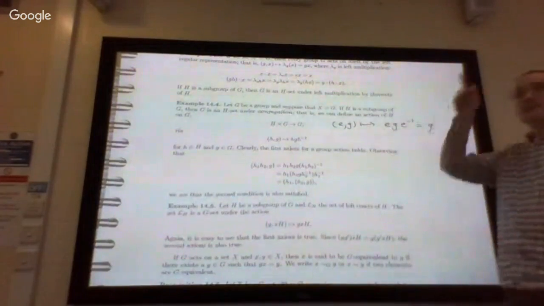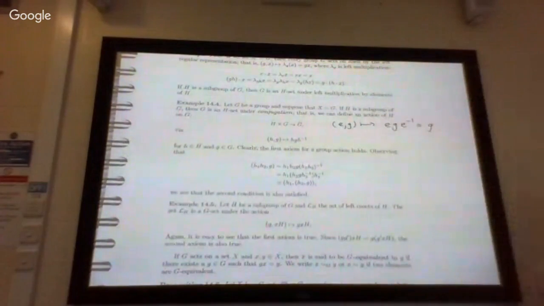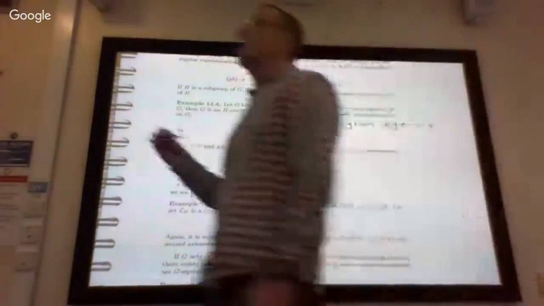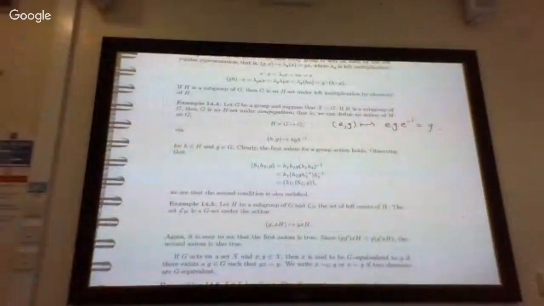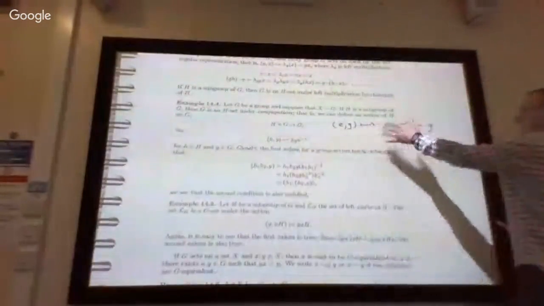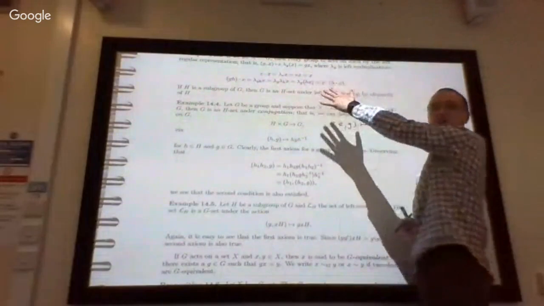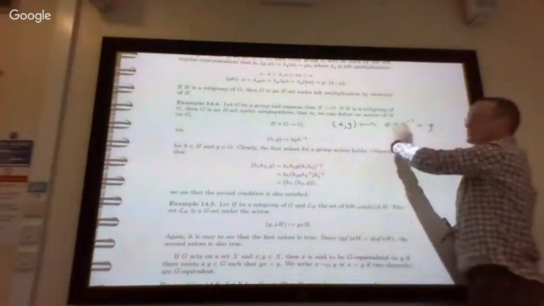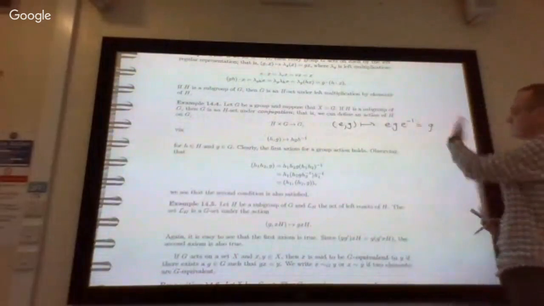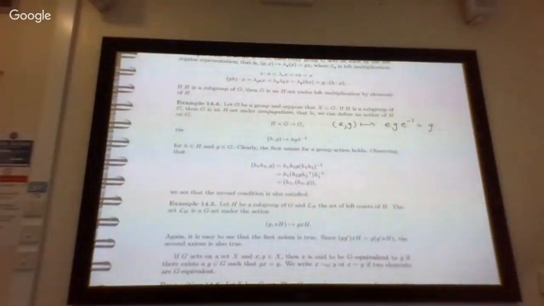So it clearly satisfies property 1, which is that ex equals x for all x. So in this meaning, e times g is not the left multiplication by e that we had before, but conjugation by e. So e g e inverse. But it turns out to be the same g in that case.